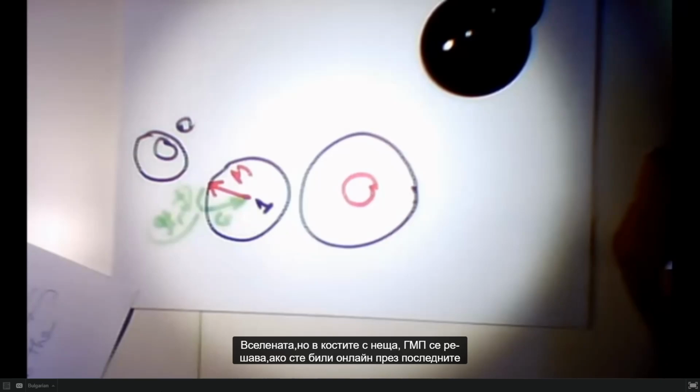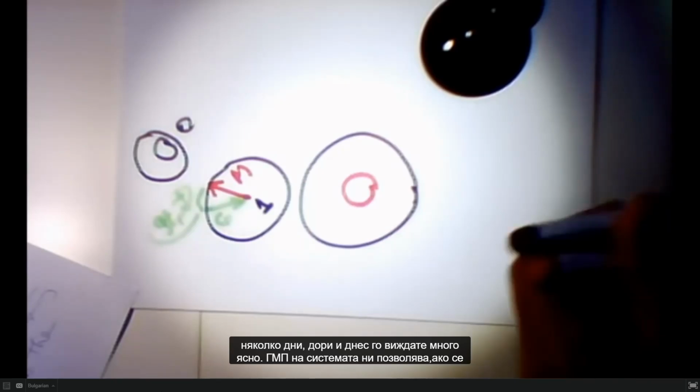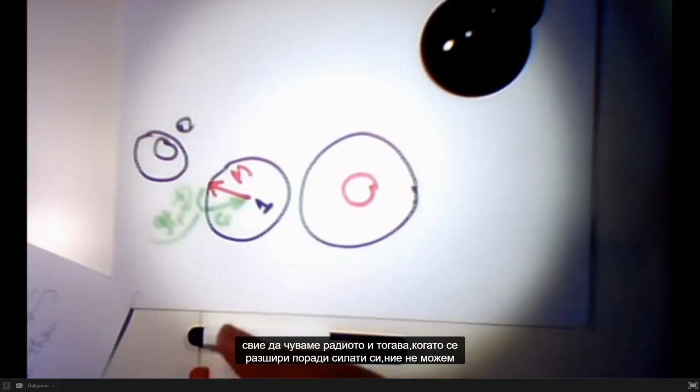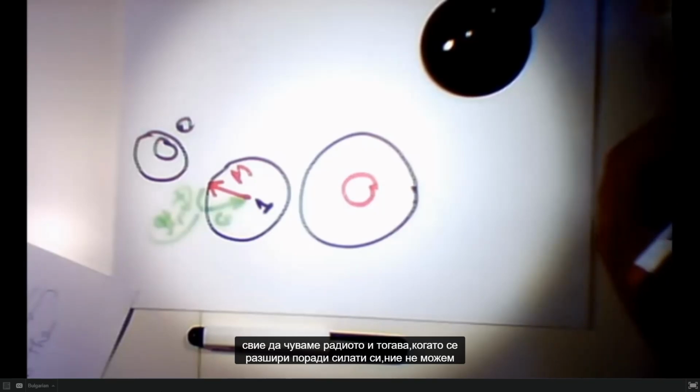If you've been online for the past few days and even today, you see it very clearly. The gravitational magnetic field of the system allows us, if it shrinks, to hear the radio, and when it expands, due to its strength, we cannot hear the radio.